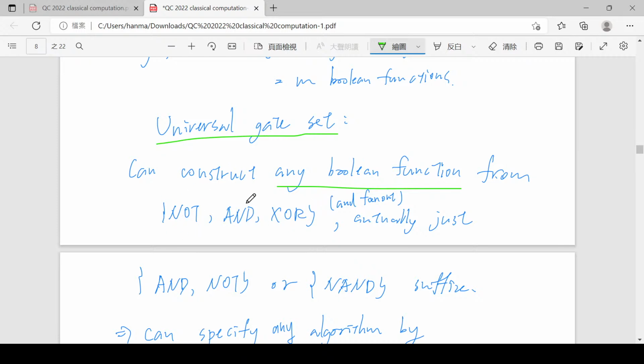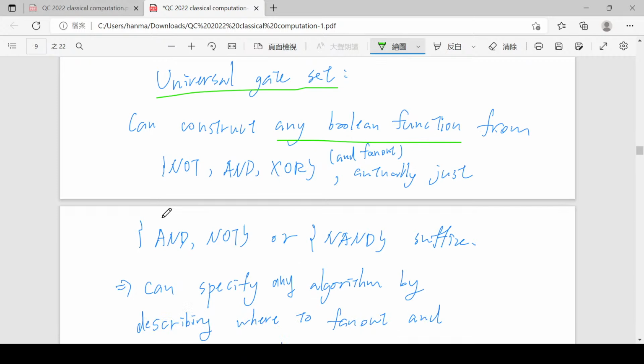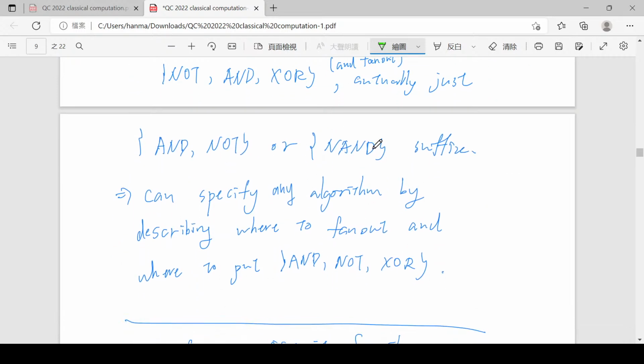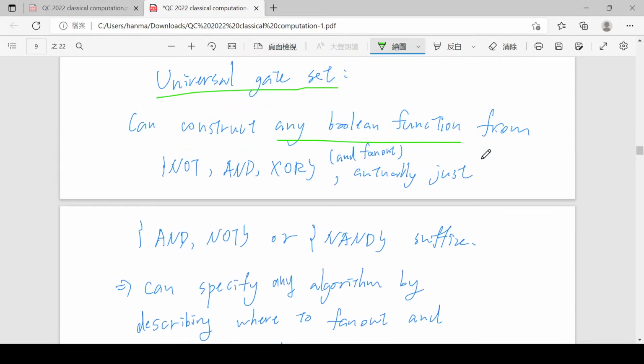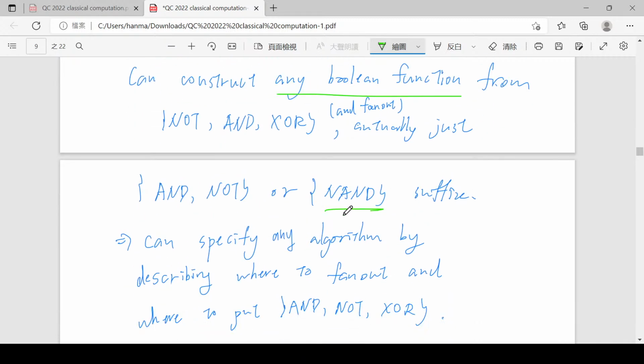And so NOT, AND, and XOR is a universal gate set for computing Boolean functions. And actually there are even smaller gate sets. You can use only AND and NOT, or even simpler, just using the NAND gate is enough for computing any Boolean function. So that's why people like the NAND gate, because it's universal. Okay.